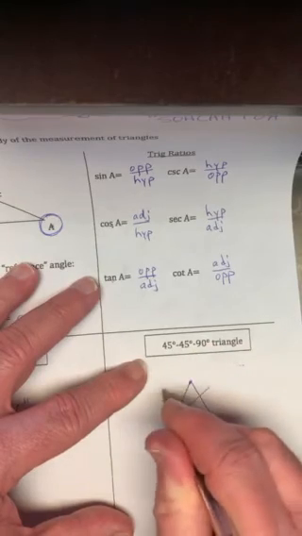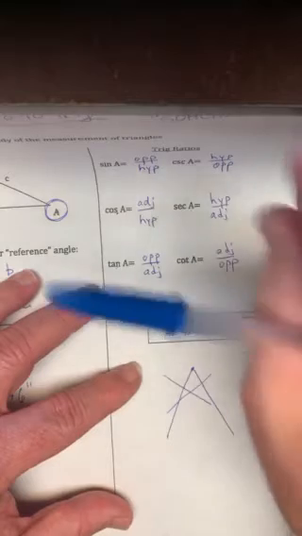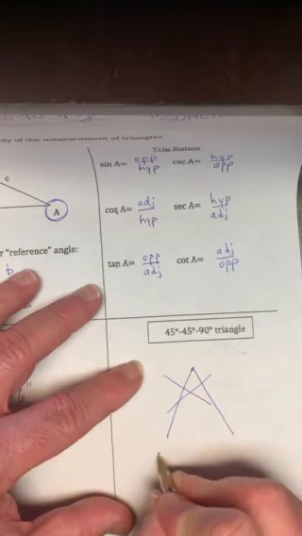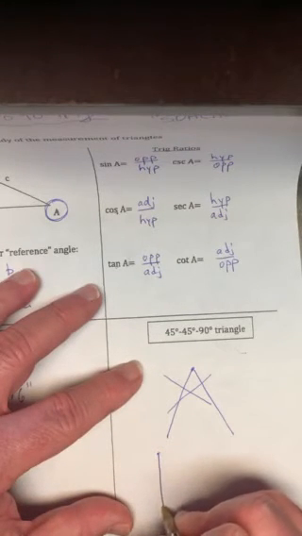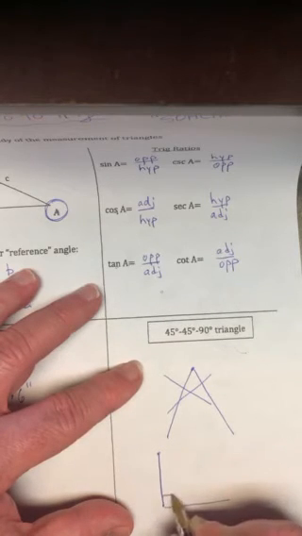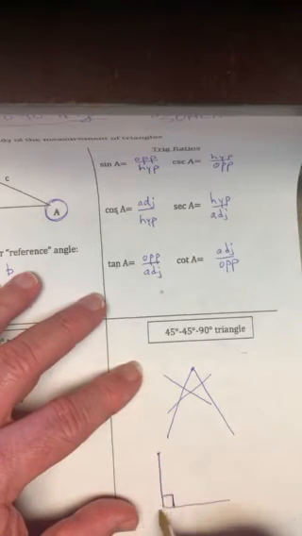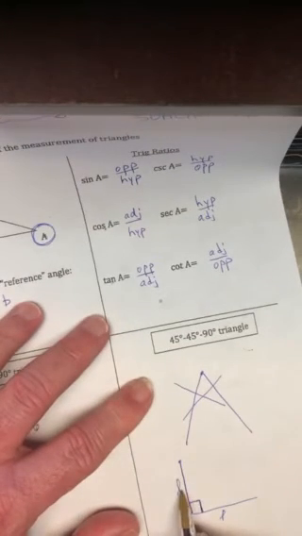So technically, when you draw a 45-45 right triangle, you should draw it so that you've got one leg the same size as the other leg and make the right angle in between them. Does that make sense? So I've got one leg here that's the same size as this leg down here. So I'll put an L and an L for a leg and a leg.